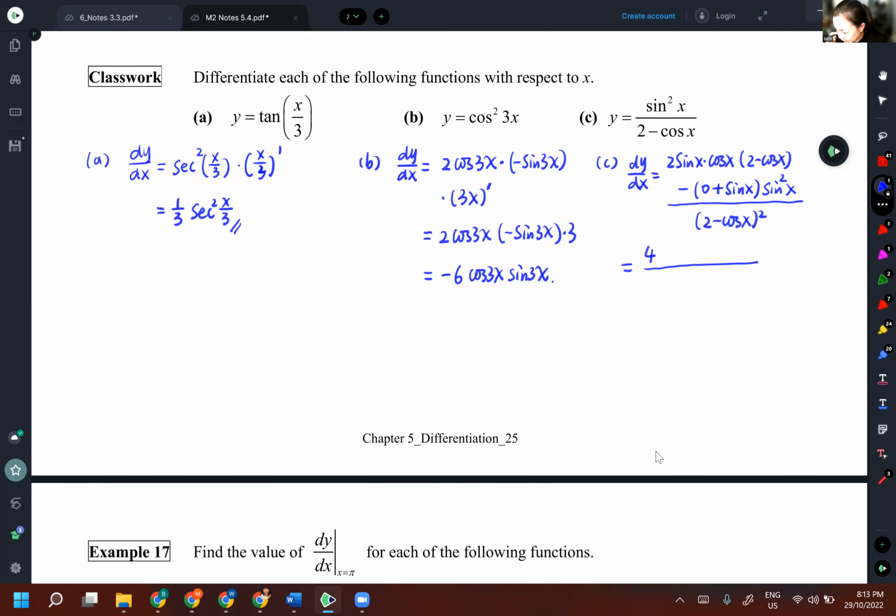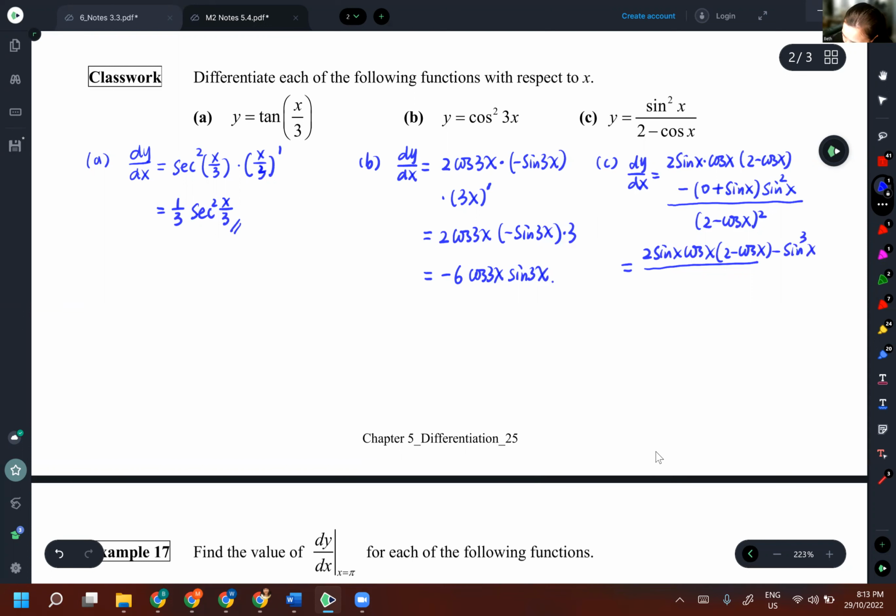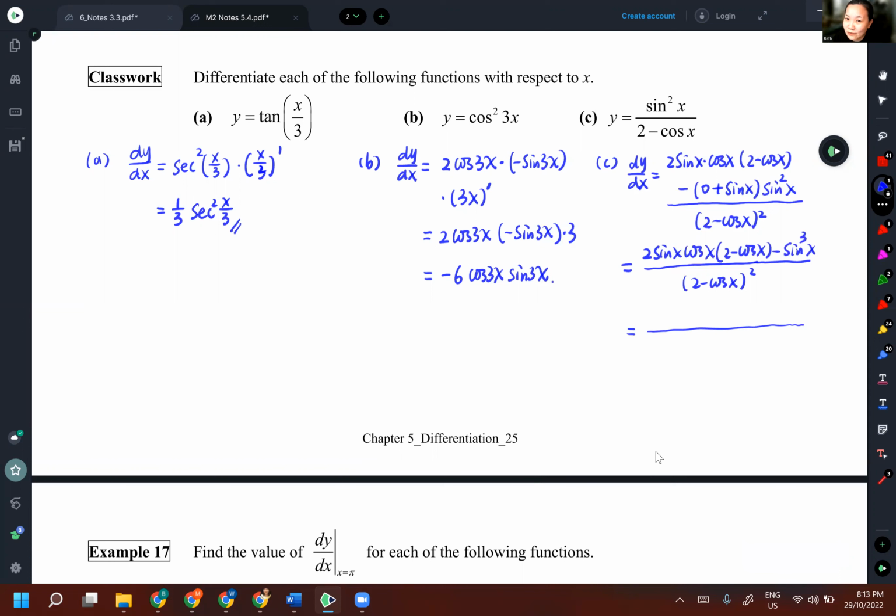Should I expand? Maybe I shouldn't. It's 2 sine x cosine x, 2 minus cosine x, minus sine x cubed, 2 minus cosine x whole squared. And then you really need to learn how to simplify. I think half of the lesson should be focused on how to simplify.